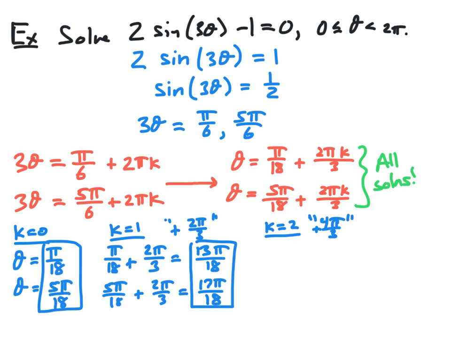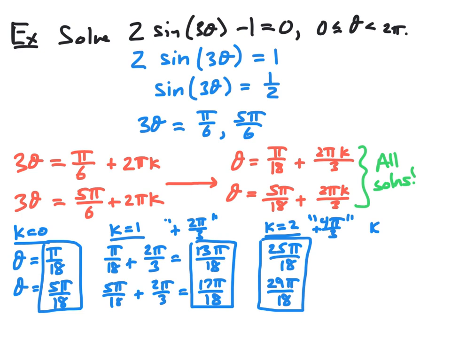I'll leave the arithmetic to you, but starting with pi over 18 and adding 4 pi over 3 will give us 25 pi over 18. And 5 pi over 18, adding 4 pi over 3, will give us 29 pi over 18. And so these will also be two angles that meet our desired range. Both are positive and less than 2 pi.